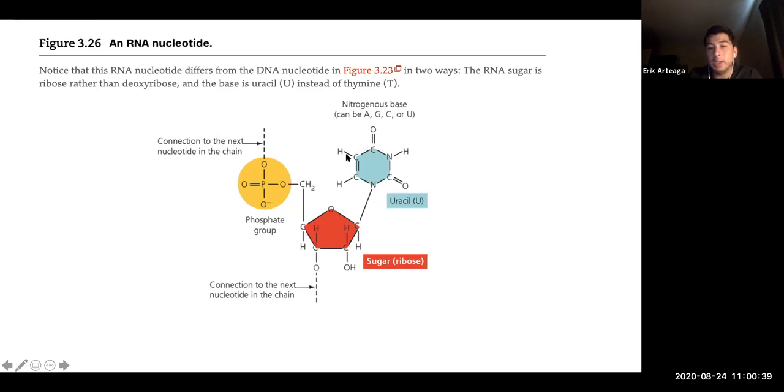So RNA is much less stable. We do not use this as a genetic storage component. Some viruses do, such as the coronavirus and the influenza virus, which use RNA as a storage molecule. But again, these viruses will mutate very, very rapidly, okay?